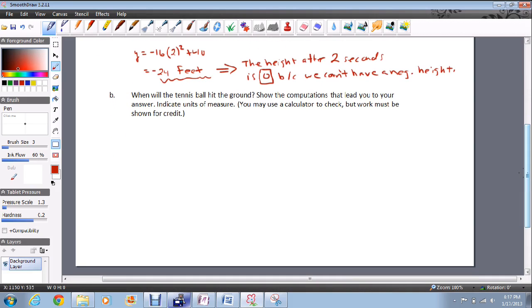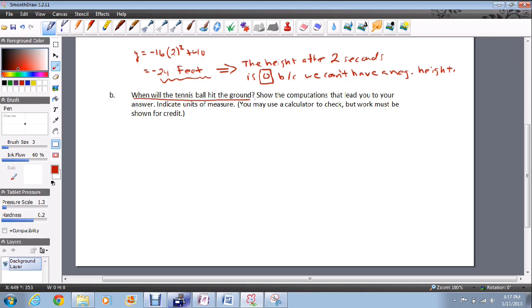Part B says, when will the tennis ball hit the ground? Show the computation that led to your answer. Indicate units of measure. You may use a calculator to check this, but work must be shown for credit. So again, I'm going to work with the y equation because I'm talking about height. I want to know when the ball hits the ground.